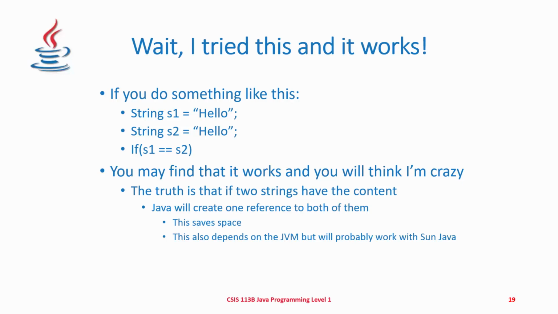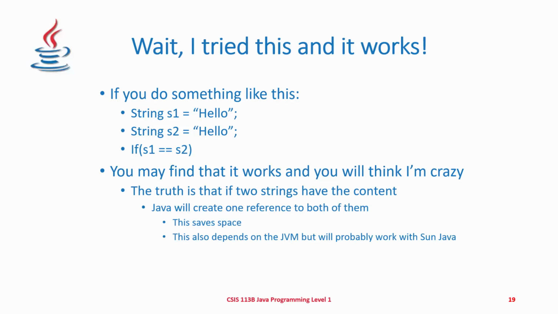What happens is the Java virtual machine, when you create two instances of the same object, if it contains the exact same value, instead of creating separate objects in memory, in other words, two objects with two different memory addresses, to be more efficient, the Java virtual machine would actually assign the same address to both of those.